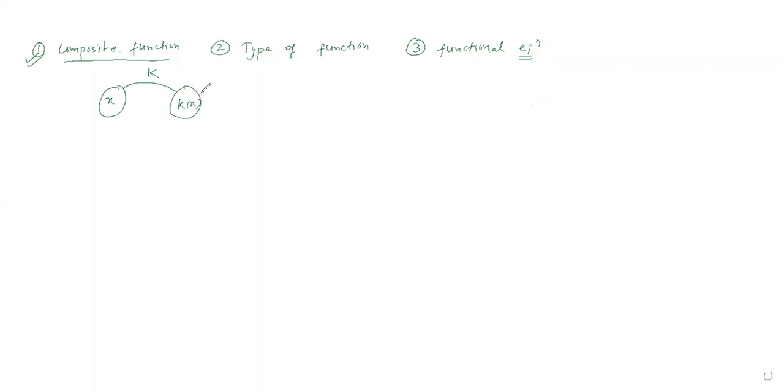Now from this set, I'm going to run another set. This is A, this is B, and this is C, and this function is named M. Then we get M of K of x, which we write as M of K of x.